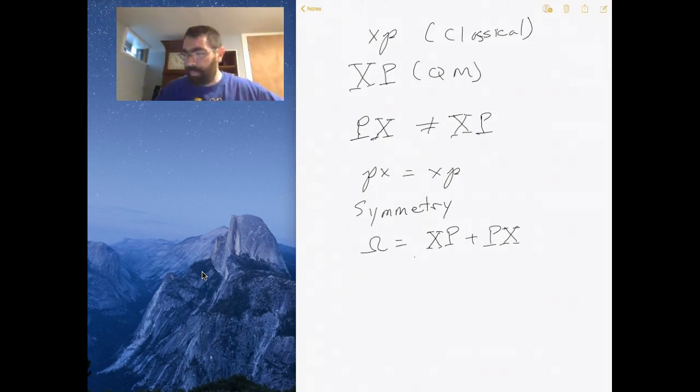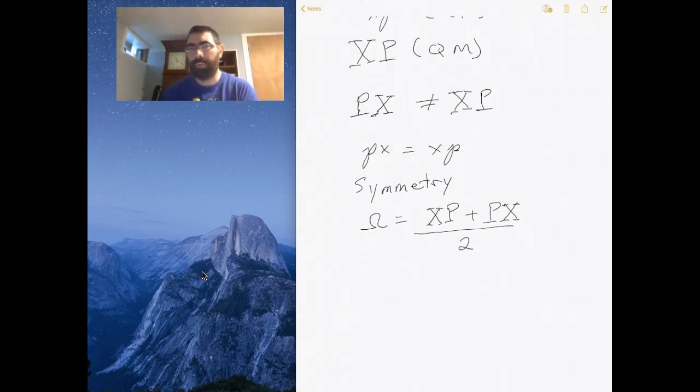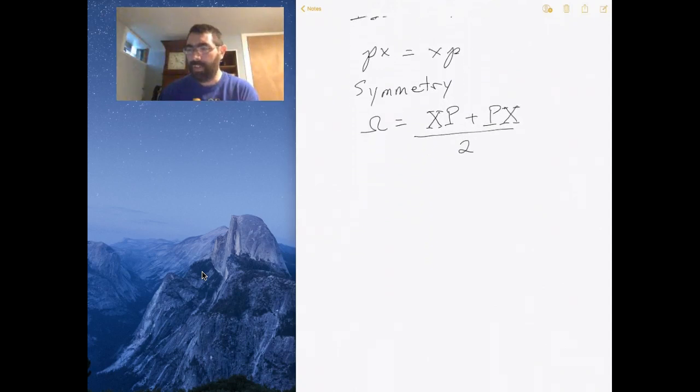And so I just divide by a factor of 2. So this is kind of a trick to get out of the fact that I don't know what happens if I operate with position first and then momentum, or momentum first and then position. And so we can do tricks like this to kind of hedge our bets and consider both cases of that.